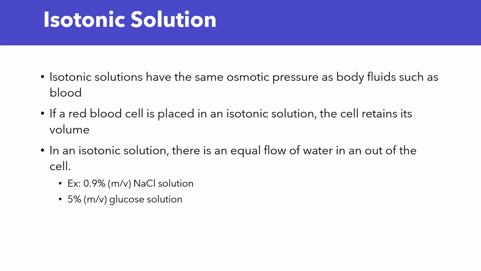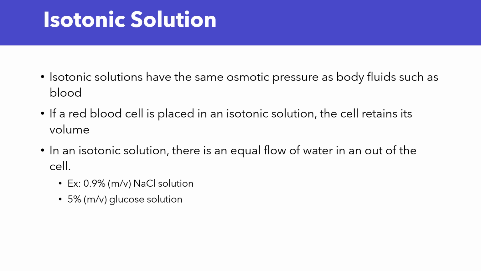Let's go over what happens when a red blood cell is placed in an isotonic versus a hypotonic versus a hypertonic solution. An isotonic solution means that the solution has the same osmotic pressure as the cell.